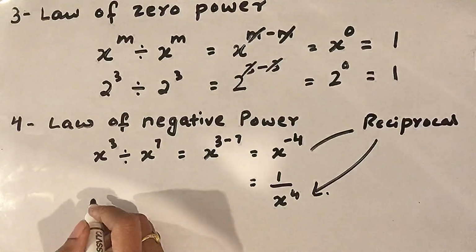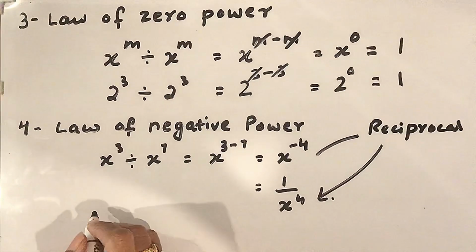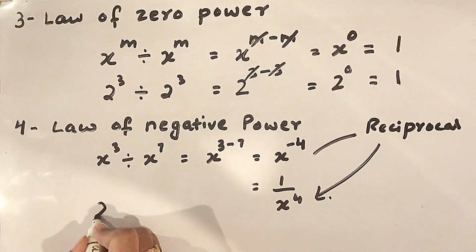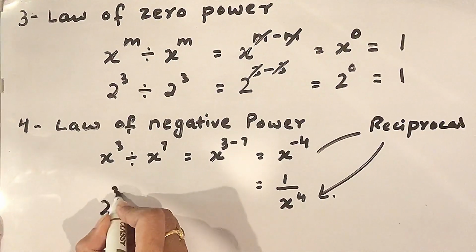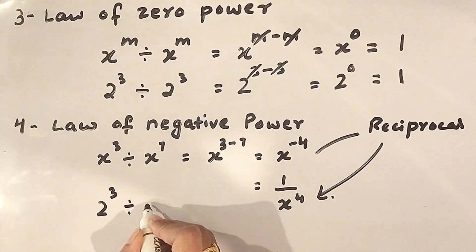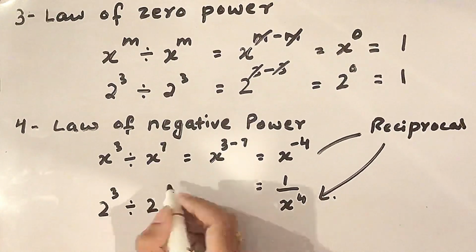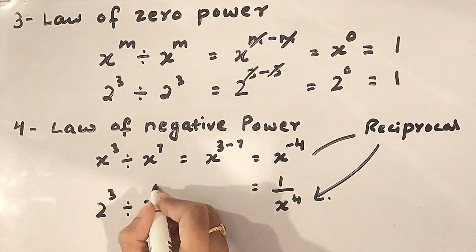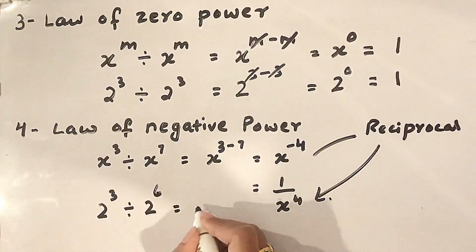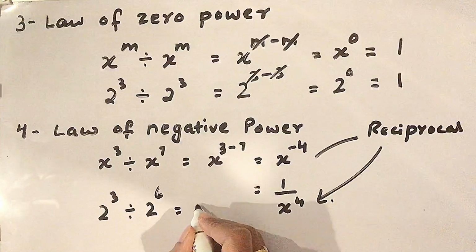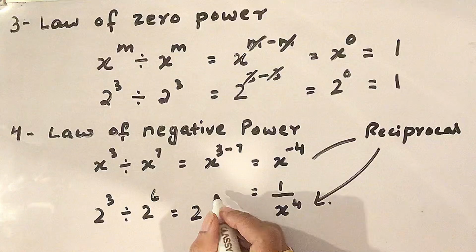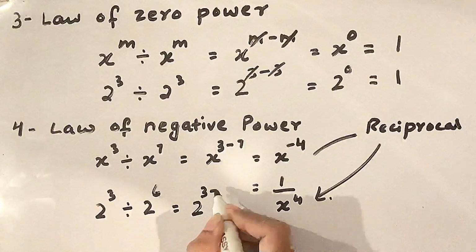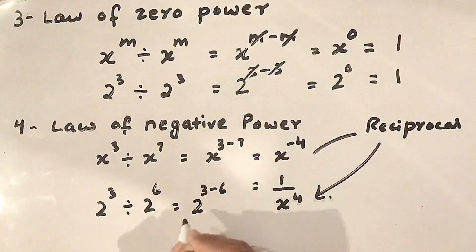We have another example. For example, we have 2 cube divided by 2 raised to the power 6. So here also keep the base the same and subtract, 3 minus 6.